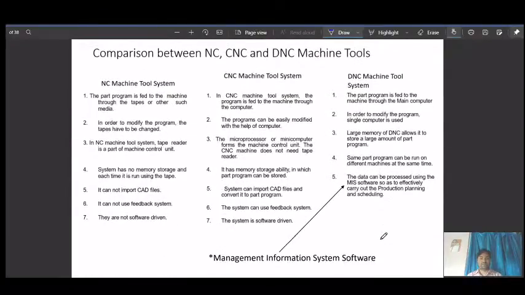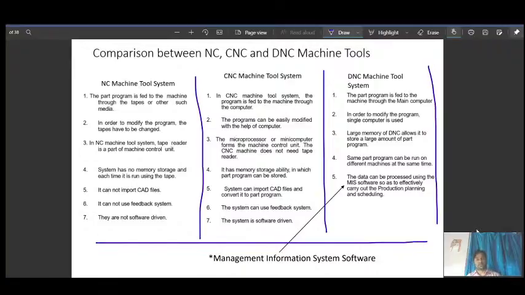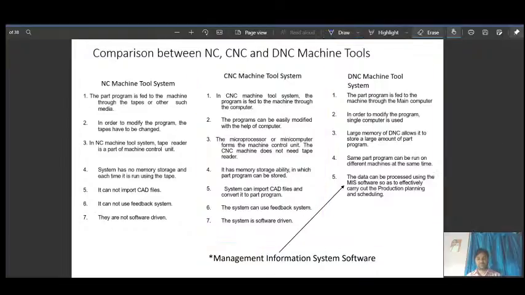And these are the differences. You can take a screenshot, you can read it later. This will explain as has been discussed. You can take a screenshot. So the main important feature is this one, MIS.